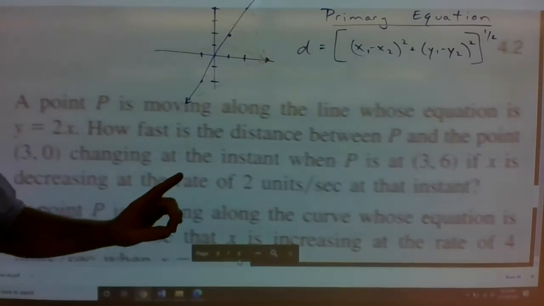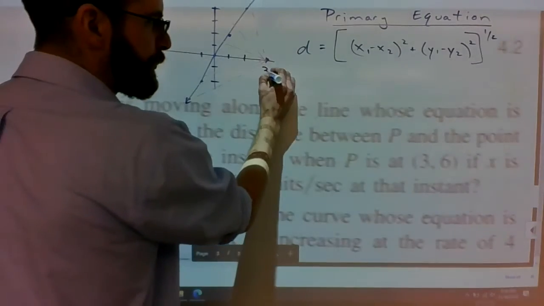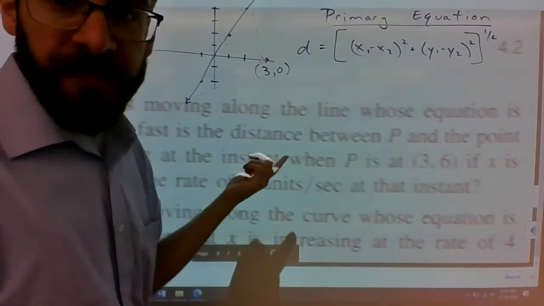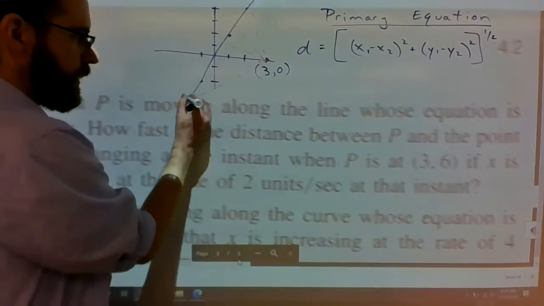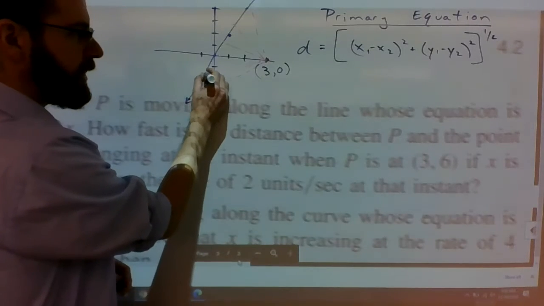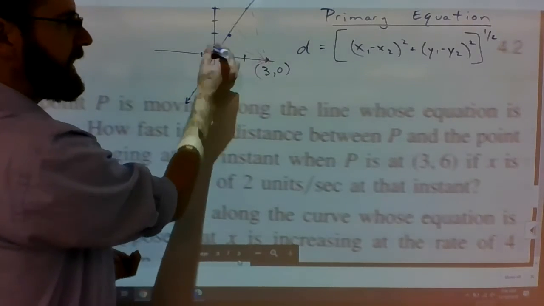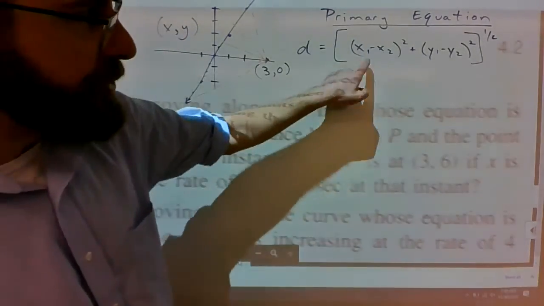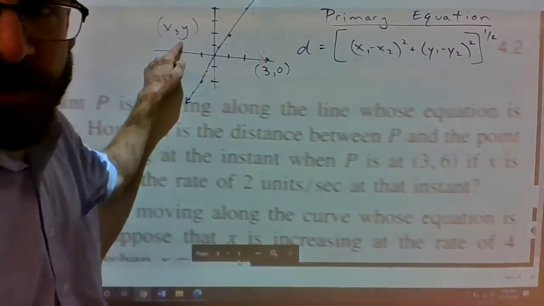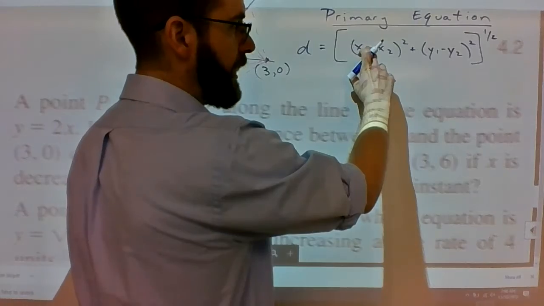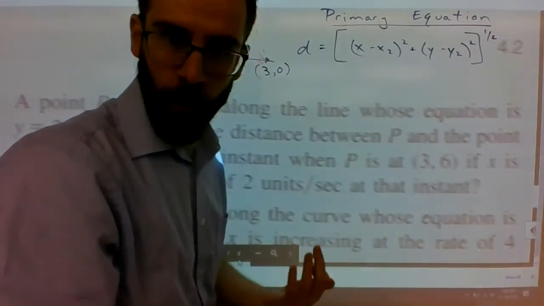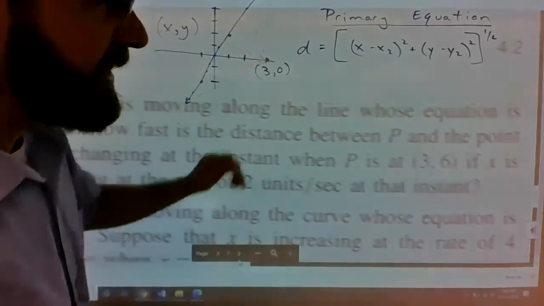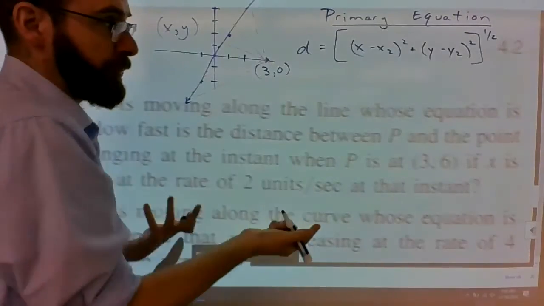We also know that 3, 0 is a point that never changes. So for the distance between 2 points, we can call the point that's constantly moving along this line x comma y. So let's say that our x1 and y1 is this point that keeps changing. I'm going to replace x1 and y1 with just x and y. Now, the other corresponding point that completes the distance formula is 3, 0.